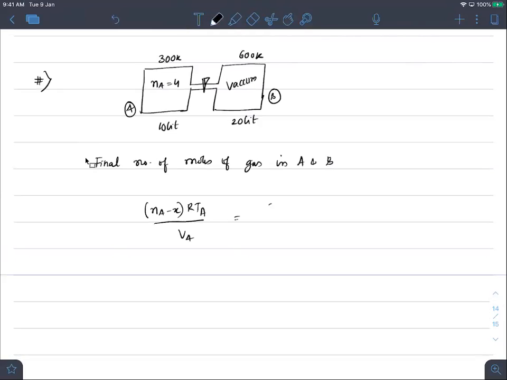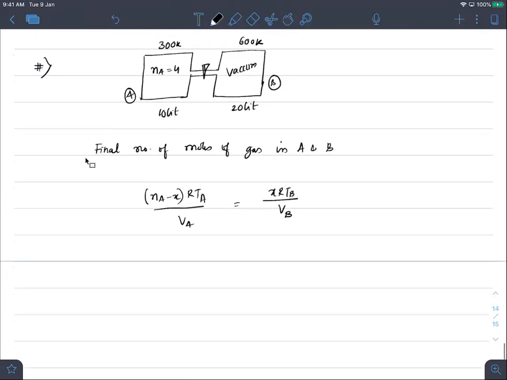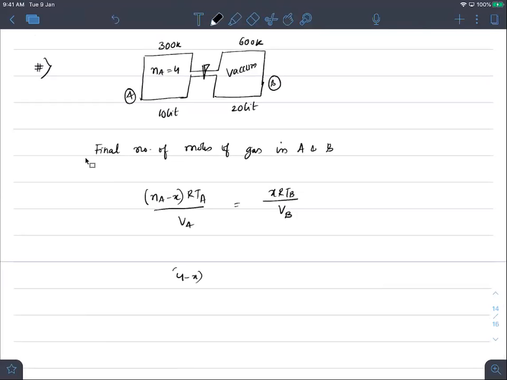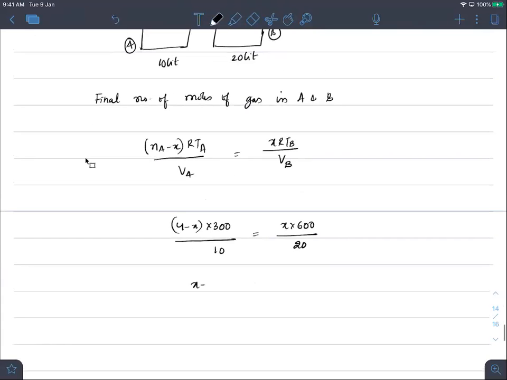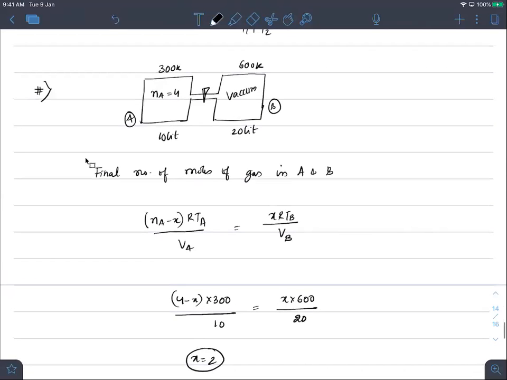So I'll write it as X into R TB divided by volume of B. Substitute the values, calculate X from there. So 4 minus X into TA, which is 300, divided by 10 is equal to X into 600 divided by 20. So if we calculate X, it will come as 2. Which means eventually you have 2 moles on the left hand side, 2 moles on the right hand side.